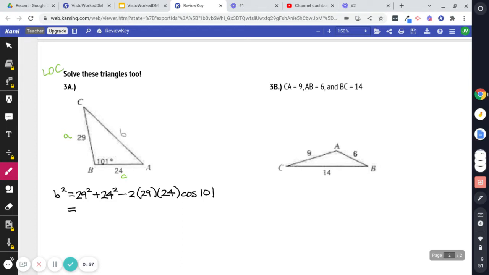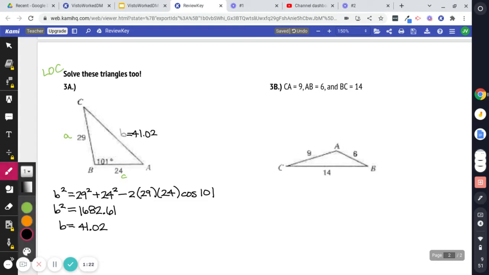Okay? And in this particular question, I can put that all in my calculator because b squared is on the other side. There's no variables wrapped up into this problem. Right? That's what b squared is. So then b is just the square root of that. And b is 41.02.